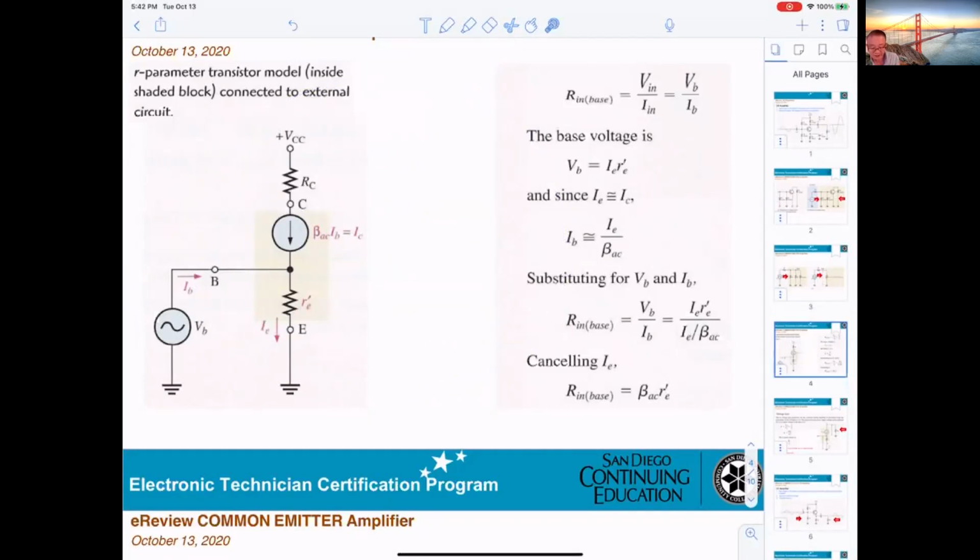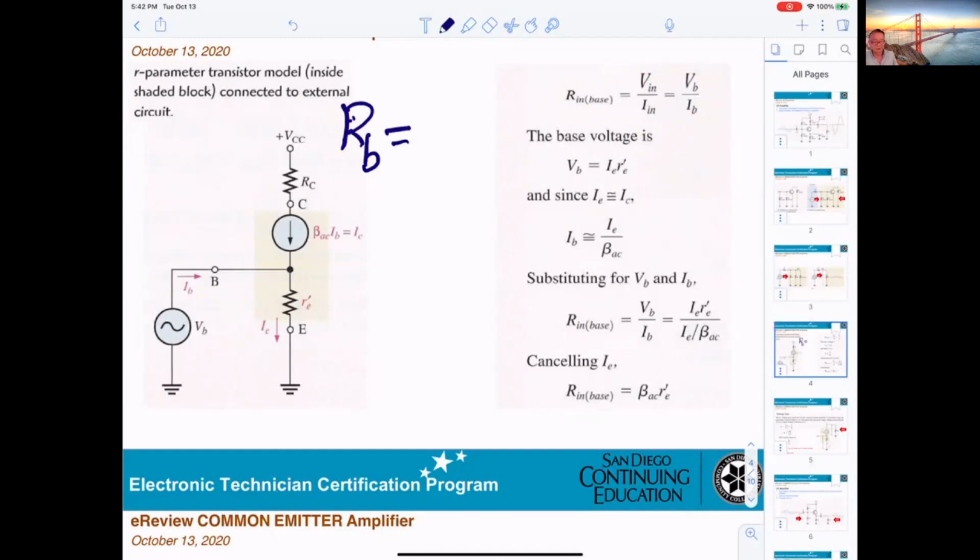Now, first thing you can see, how do they calculate the R in base? If you want to calculate the R in base, in general, the formula, can you tell me?